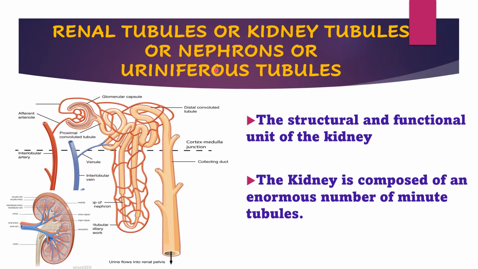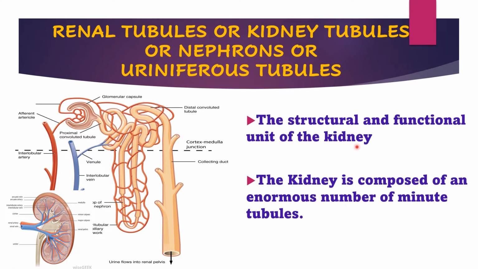You have to know all these terms. What is this nephron or uriniferous tubule? The structural and functional unit of the kidney. This nephron, uriniferous tubule, renal tubule or kidney tubule is the structural and functional unit of the kidney.